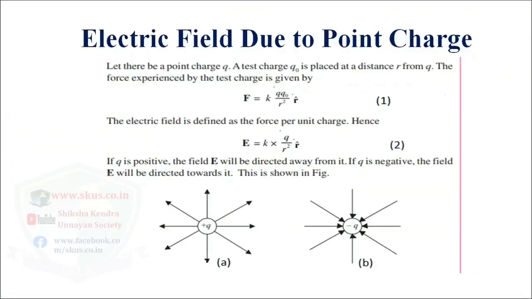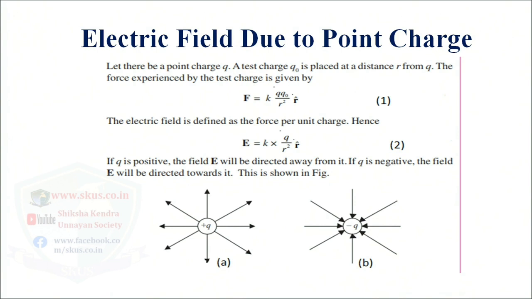Now, let us calculate the electric field due to a point charge. First of all, we will write the expression for the force between the test charge and the charge whose field is to be determined. Here the charge is Q and the test charge is q naught. So, the expression for the force will be F is equal to k Q q naught upon r square multiplied by r cap.